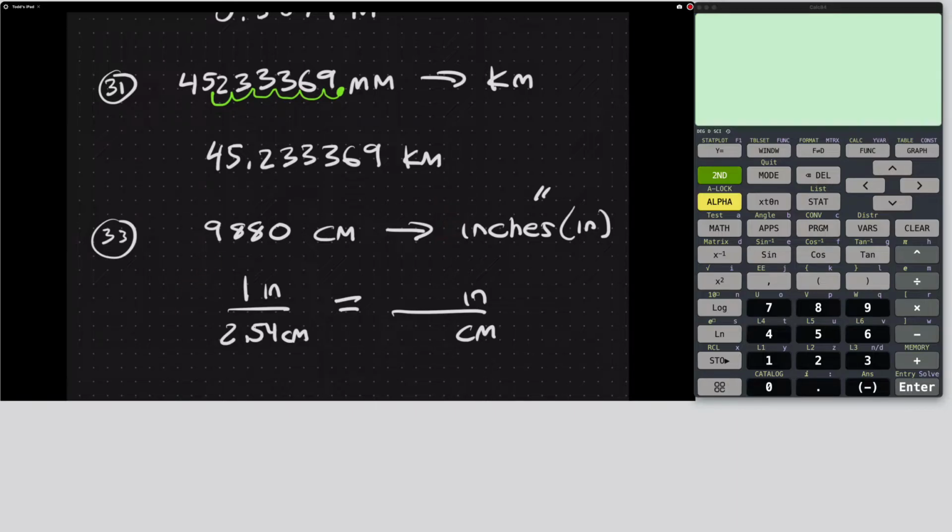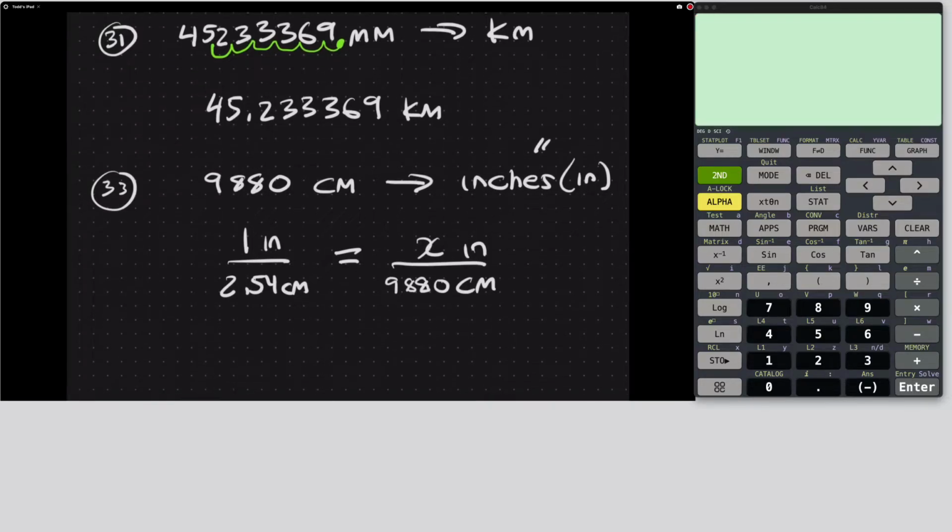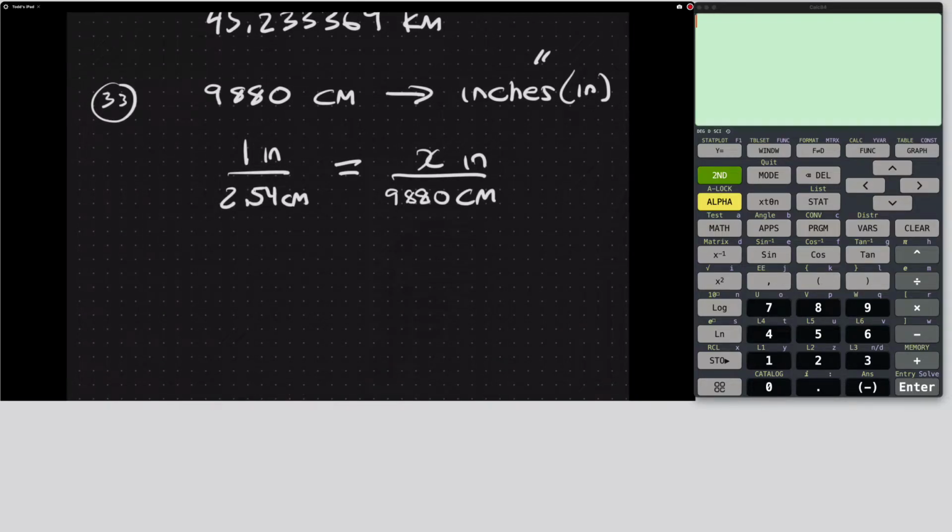So essentially, the 9,880 will go with the centimeters, and X will go where the inches is. Okay, now we just want to cross multiply. So X times 2.54 is 2.54X. 1 times 9,880, and I put an equal sign here, equals 9,880.